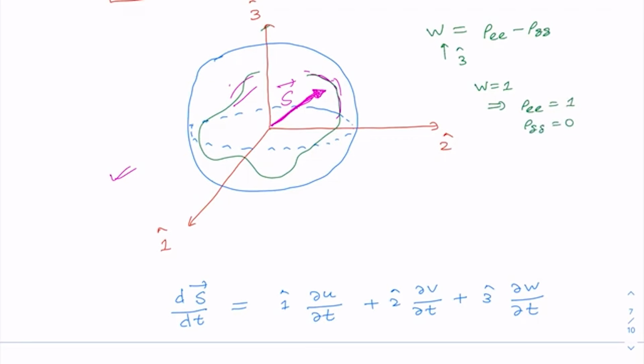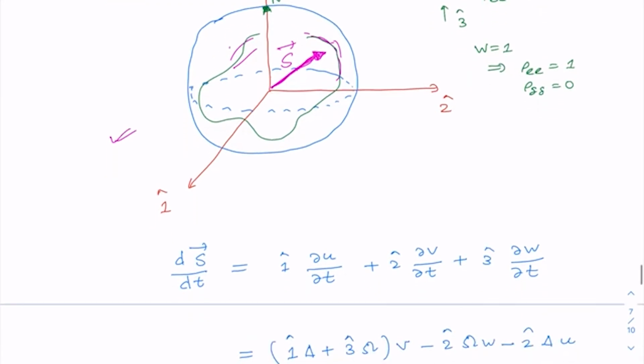Therefore the atomic population is entirely in the upper level, the Bloch sphere corresponds to a fully inverted atom, and the Bloch vector is directed along the north pole. On the other hand, by the same reasoning, if W is equal to -1, the Bloch vector would point towards the south pole, along the south pole, and the atom is in the lower energy level.